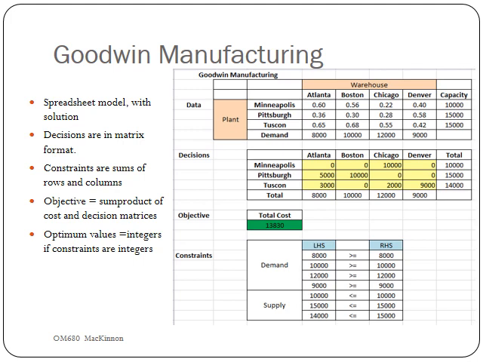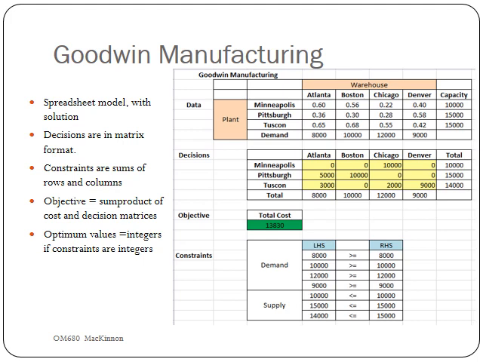So what I usually do is just copy this part of the spreadsheet up here, down here, and then I take out all of the data and put in my decision cells. On the right is just a calculation, a sum of what's going on here: row sums and column sums, which represent the totals that are sent and the totals that are received at the locations.